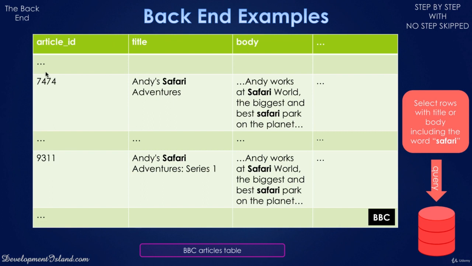So examples will include articles like that one or that one. So you've got Safari in the title or inside the content. So once we find those results, then the database is going to send them back to the app, and then the app is going to build the search result webpage and send it back to the user.